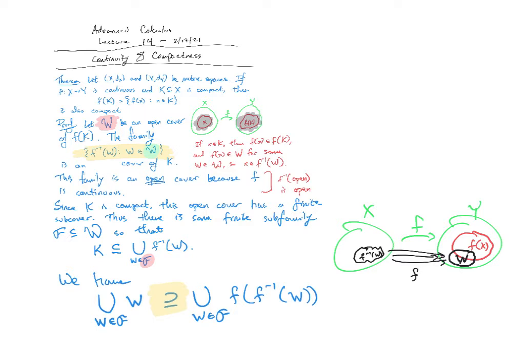Because we cannot claim that every point that's in this set W is actually an image of F. Some of the points in W might just not be mapped to by F, because some of the points of W can lie outside F of K. But what we can do is claim, if you look at the pre-image and then you apply F, you will end up inside W.